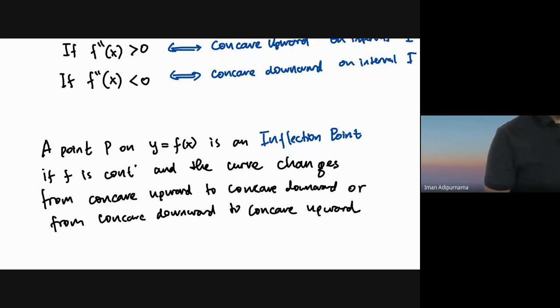Then the curve changes at P, at those points.